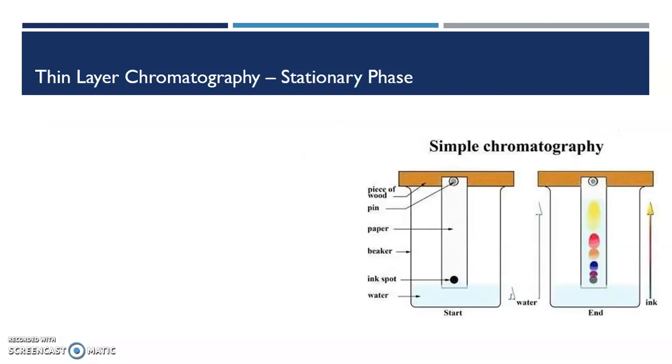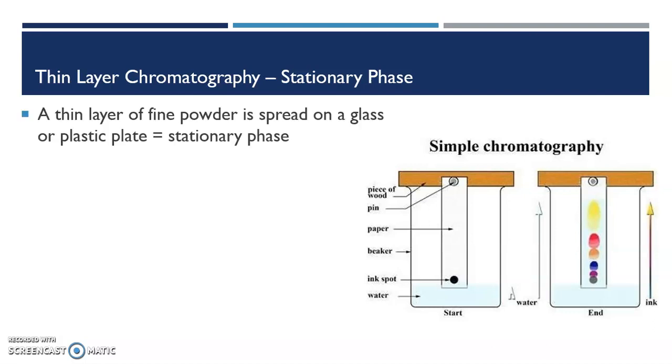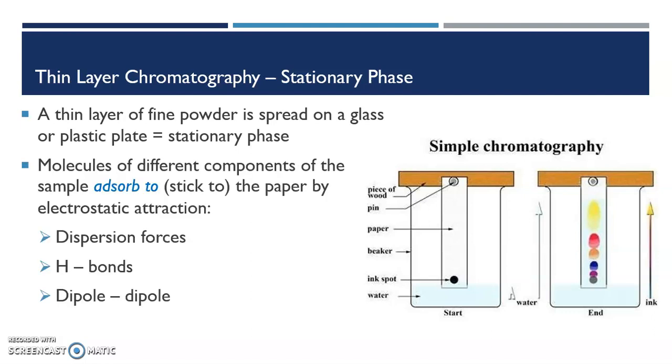Okay? So thin layer chromatography, basically the paper put in the water, the one that you saw before. Okay? So in this case, the stationary phase is the thin layer. Normally, it's produced out of a fine powder that's spread on a glass or a plastic plate. And then the molecules of different components are adsorbed to the paper by electrostatic attraction.